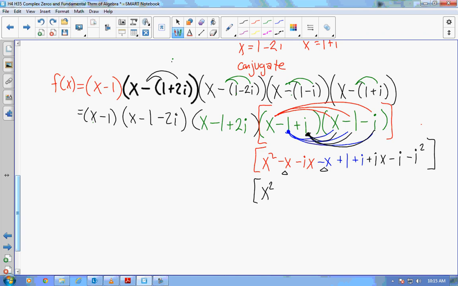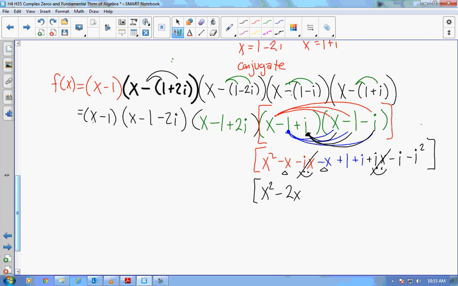Negative 2x. Okay, find another like terms. I have a negative ix. Any other terms with negative ix's? Positive ix. A negative ix and positive ix cancels out. Gone, gone.